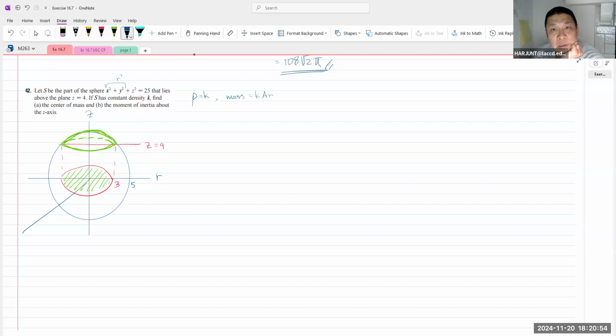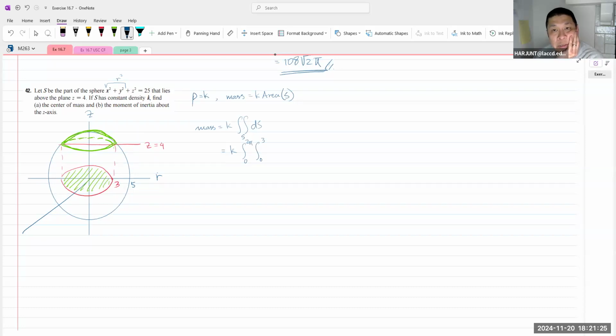So the area of S. So the mass equals K times the double integral of dS, which will be K times the integral from 0 to 2 pi, integral from 0 to 3.